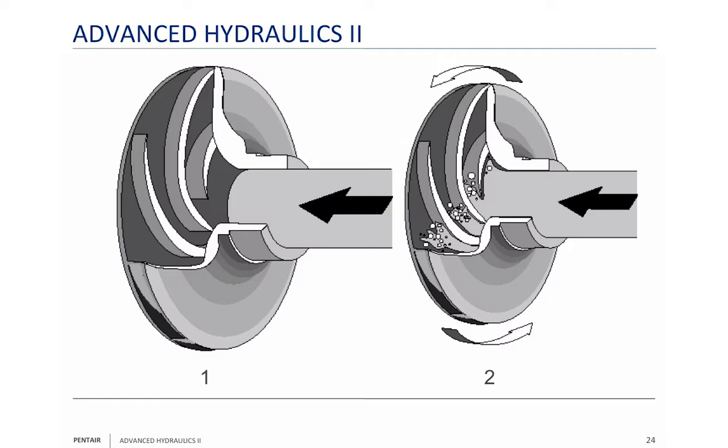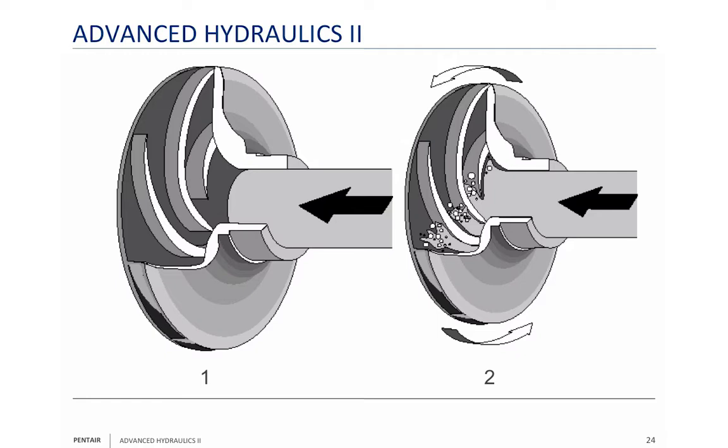Now, here's the point. Cavitation occurs in the pump sometimes. When it occurs in the pump, basically what happens is this: we get the water flowing so fast that as it goes through the eye of the impeller, we wind up lowering the pressure.